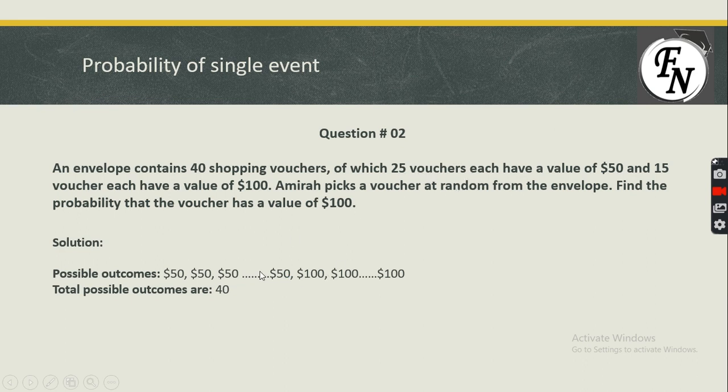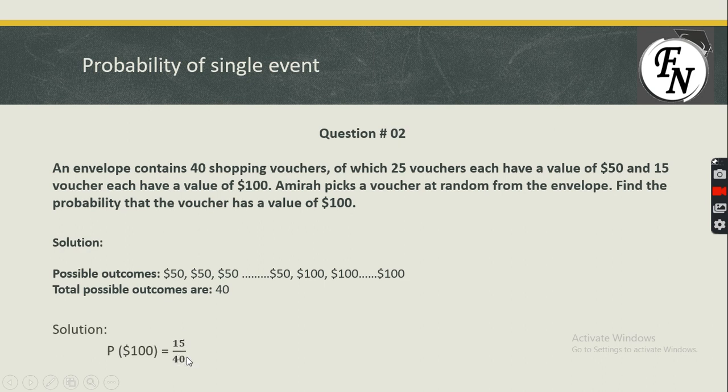It is 25 vouchers of 50, and these hundreds are 15, because there are 15 vouchers of 100, so a total of 40 vouchers. So total possible outcomes are 40. And the vouchers of 100 are 15 out of 40.